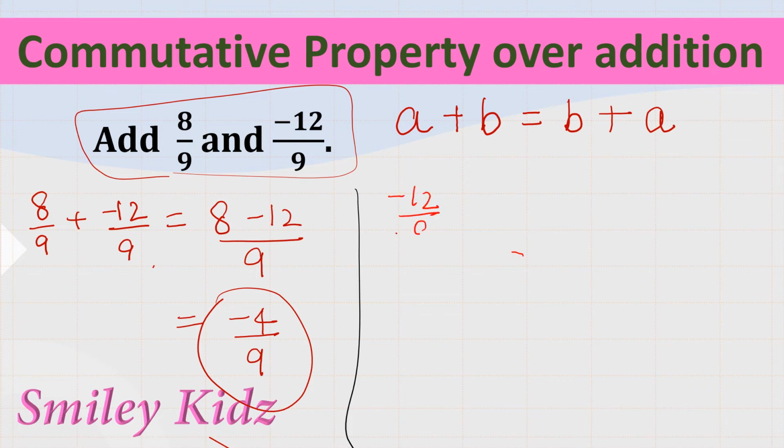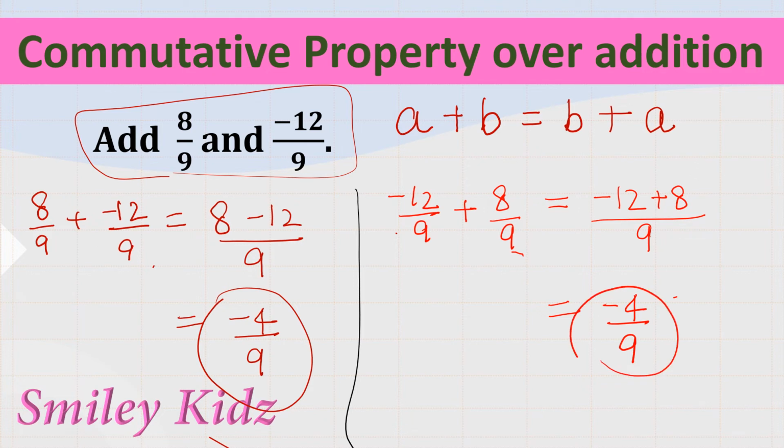Minus 12 by 9 plus 8 by 9 is equal to minus 12 plus 8 by 9. Different signs, subtract. We get minus 4 by 9. So, when we added a plus b, we got minus 4 by 9. When we added b plus a, also we got minus 4 by 9.